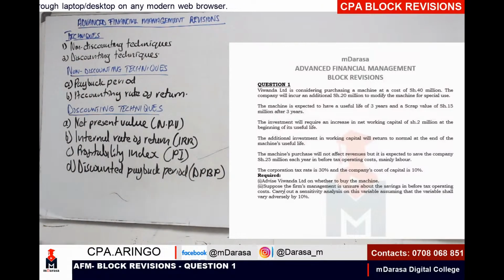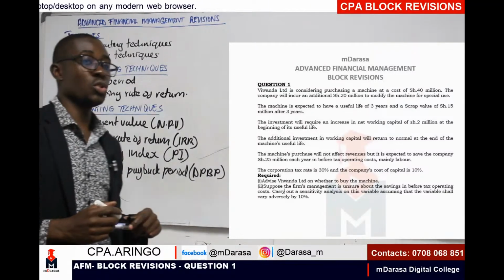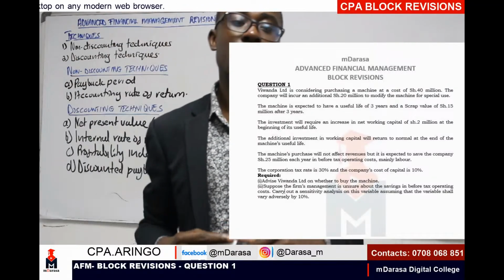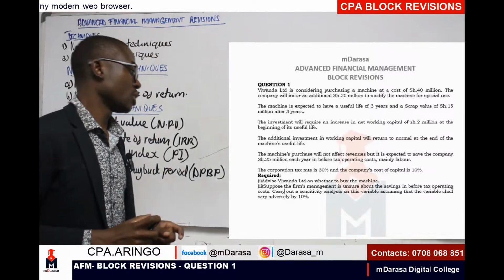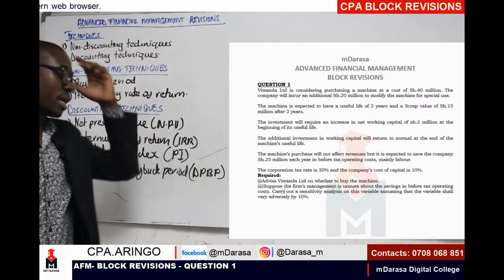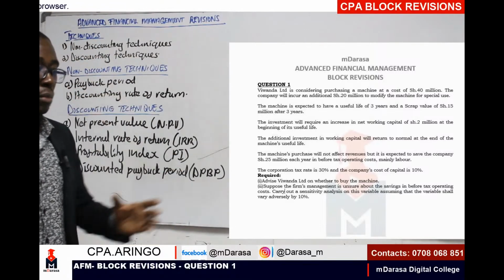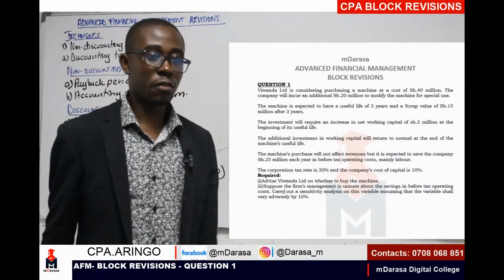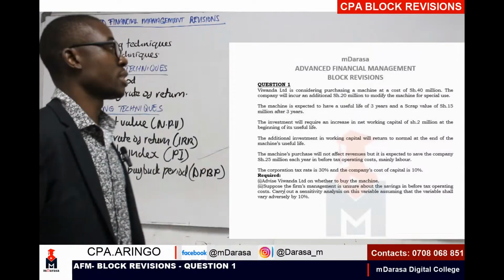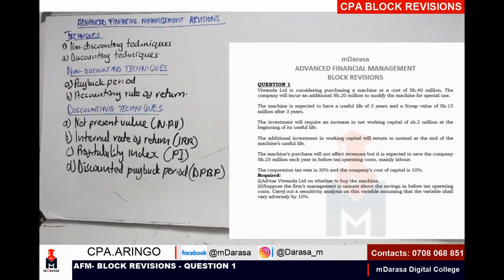So these are the techniques that we normally tend to use in conducting our capital budgeting decisions. From there, we can widen them further into sensitivity analysis and all these concepts. But these are the root techniques.